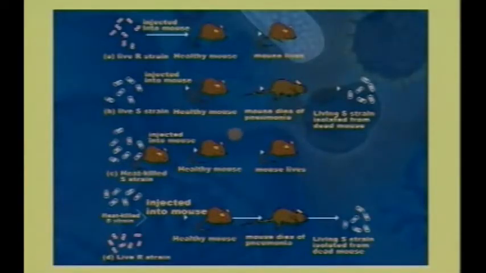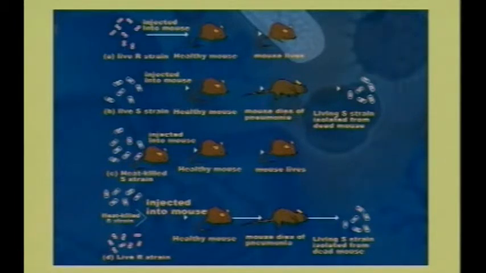He was working with Streptococcus pneumoniae, a bacterium causing pneumonia in mammals. He found two different strains of this bacterium, one producing colonies that appeared smooth and the other strain appearing rough.